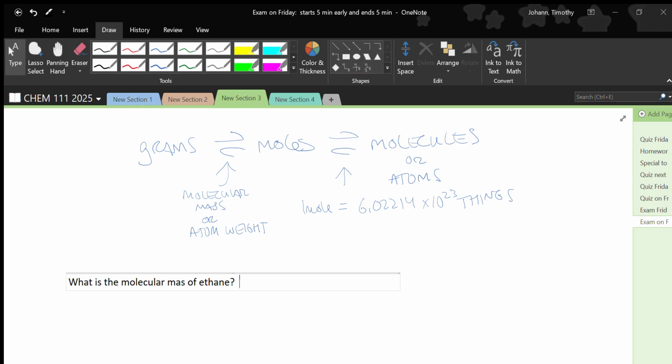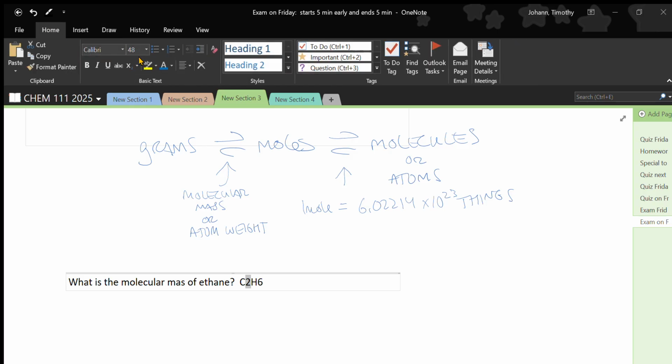Okay. Ethane has the formula of C2H6. Bless you. All right, what's the molecular mass of ethane? Go ahead and spend a minute at least setting that up.